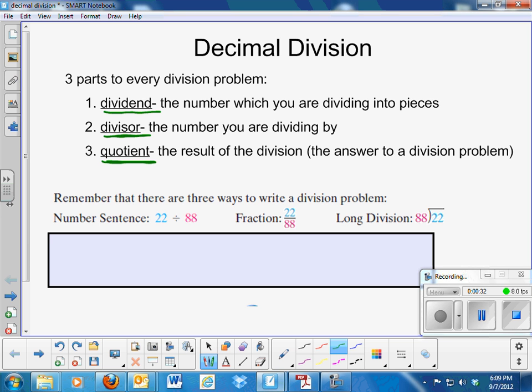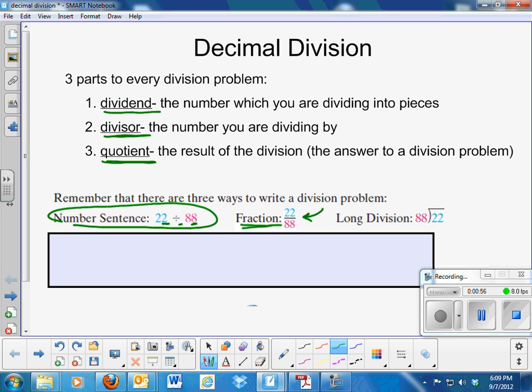Remember that there are three ways to write a division problem. First, there is the number sentence way. If you notice, we have 22 divided by 88, just numbers right along in a sentence. The next method is the fraction. Remember that this fraction bar is a division symbol. This means 22 divided by 88.